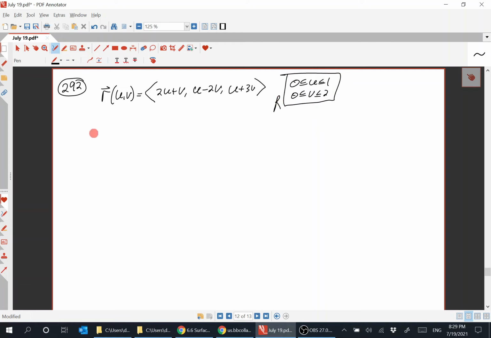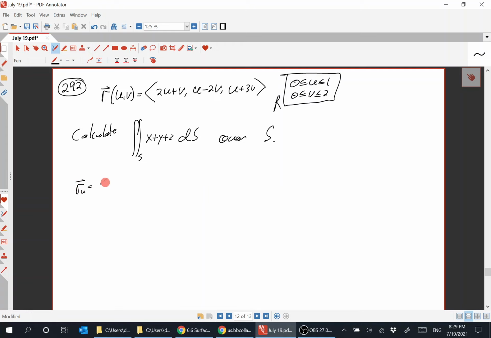Right, so calculate the integral over S. Okay, so again, we need to know those partial derivatives.